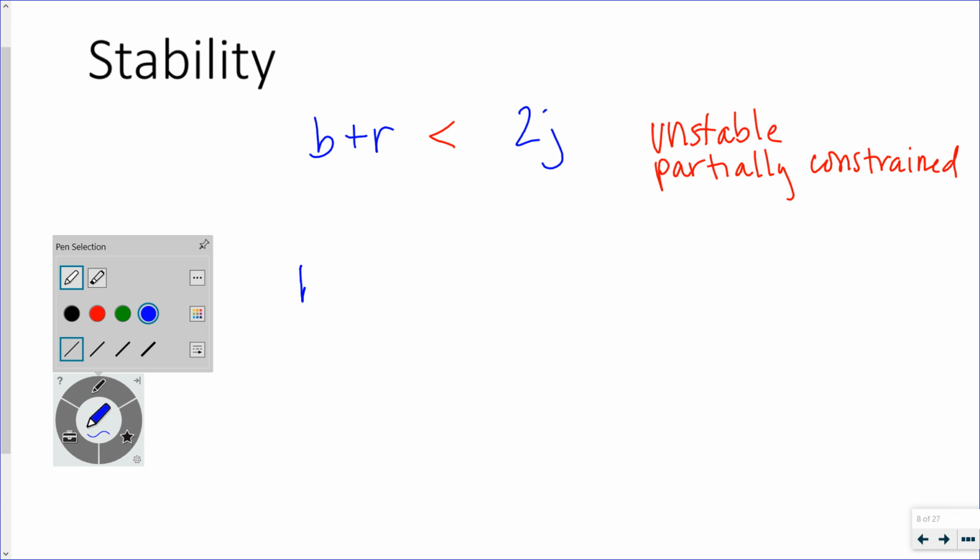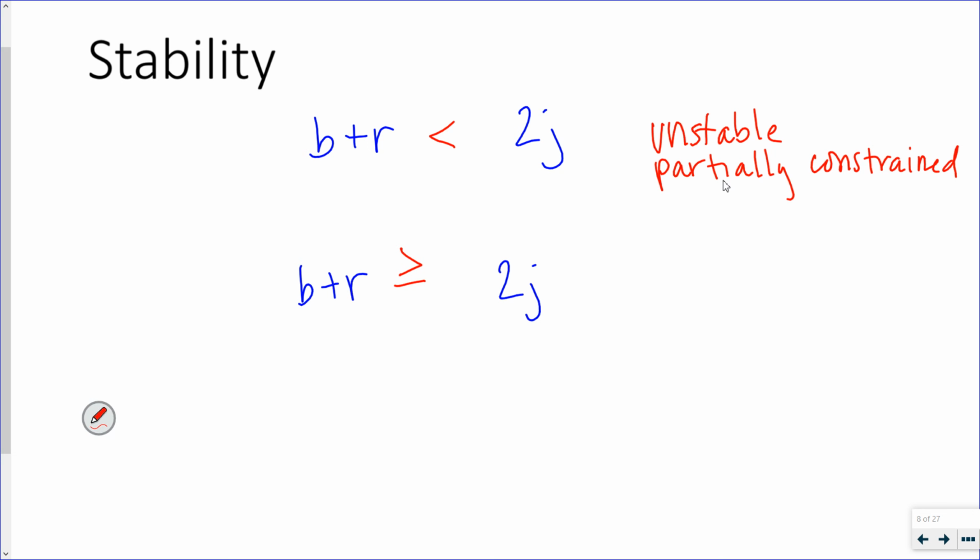Meanwhile, I could also be unstable if my number of reactions and my member forces is greater than or equal to 2 times the number of joints. That would be if I have reactions that are concurrent or parallel, or if there's a collapse mechanism in it. A collapse mechanism within the structure.